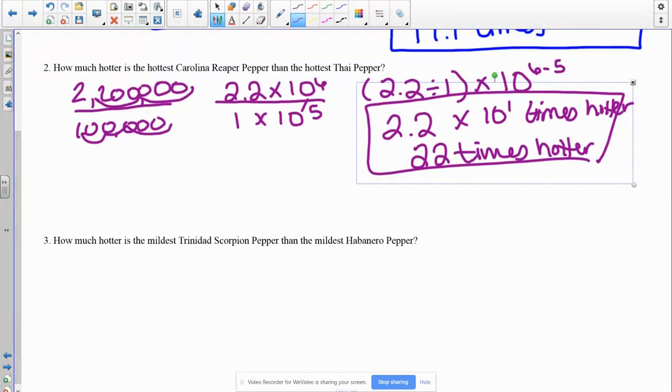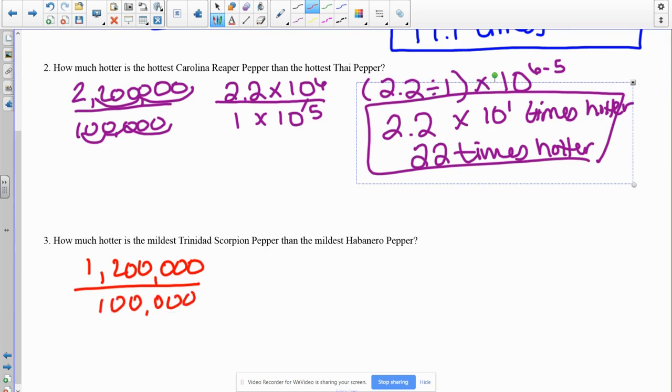Last one for today, the mildest Trinidad scorpion pepper. That's the second to the highest, but we're going to look at the mildest side. So that is 1,200,000. We're going to divide that by the mildest jalapeno pepper, which is 100,000.